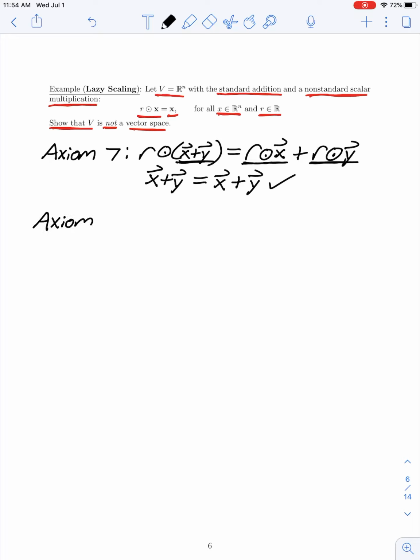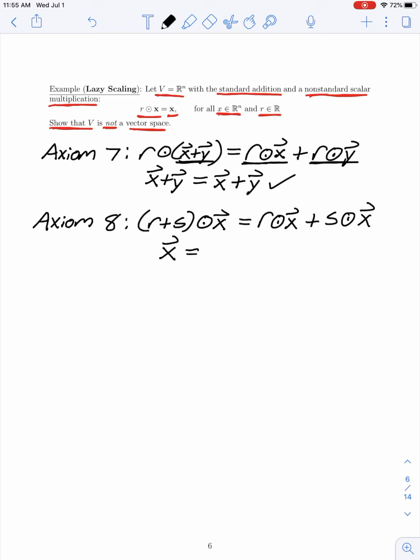Let's move to our next axiom. Axiom 8 says if we're taking a scalar multiple of a vector x, where our scalar is a sum of two scalars, say r and s, is that equal to the sum of the scalar multiple of x by r and the scalar multiple of x by s. So using this lazy scaling, on the left-hand side, regardless of what the scalar is, if I'm taking a multiple of x, I just get x.